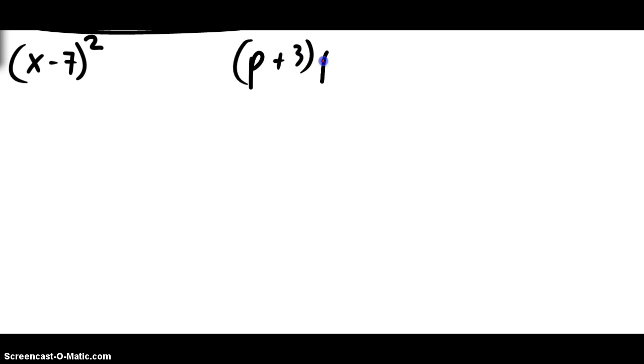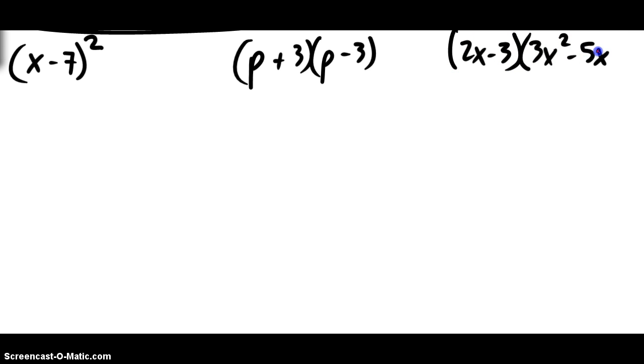P plus 3 times p minus 3, and 2x minus 3 times 3x squared minus 5x plus 1. Okay, go ahead and do each one of these on your paper there. Pause the video, and I'm going to post the answers right here, okay? So pause it now.